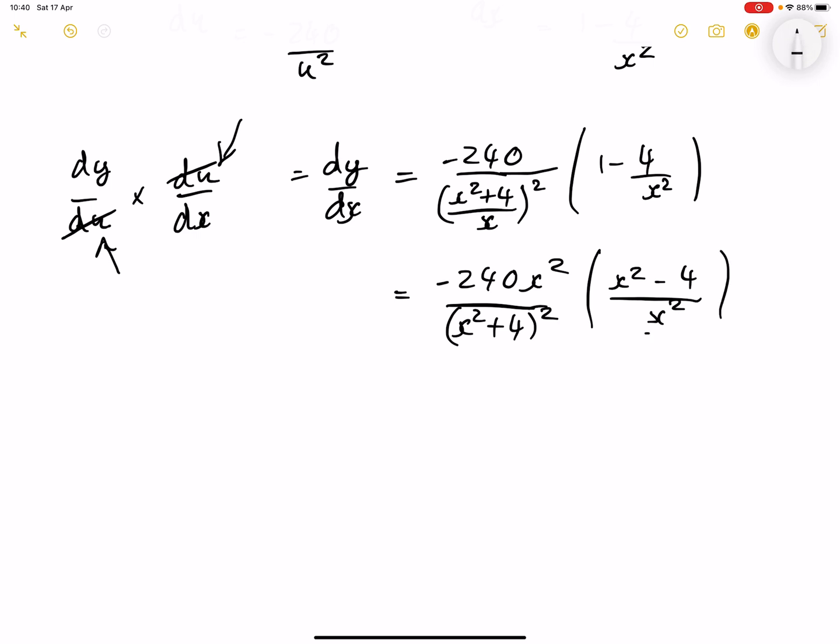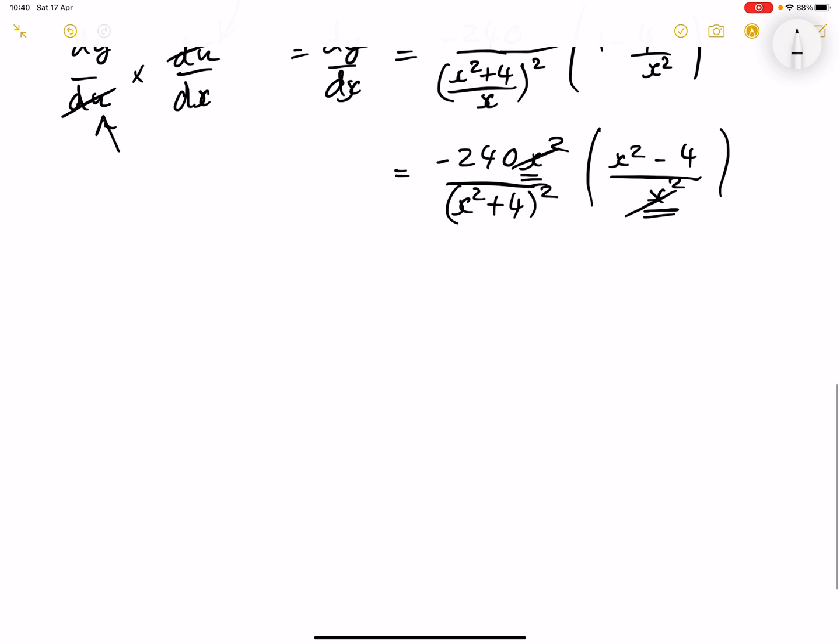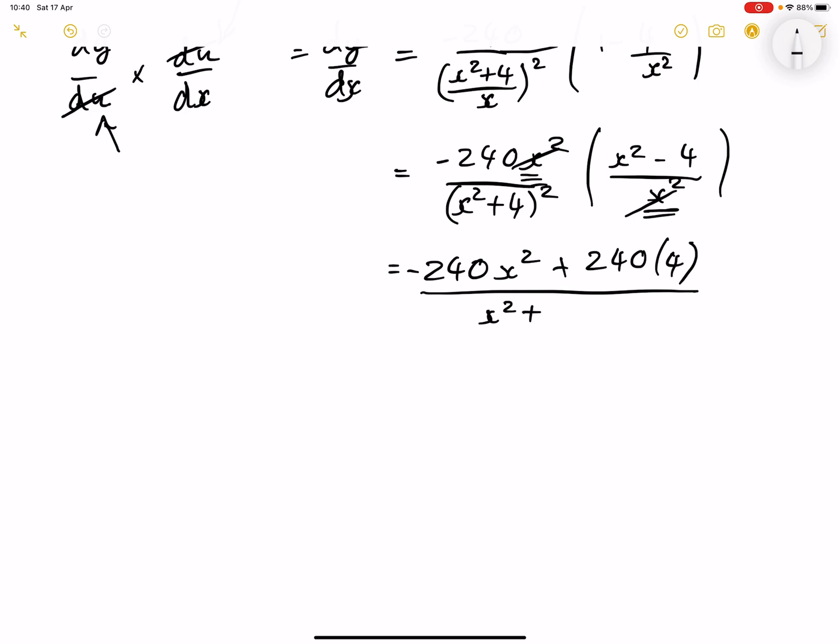This x squared here will cancel with this one here, and so we get minus 240 x squared plus 240 times 4 over x squared plus 4 squared.